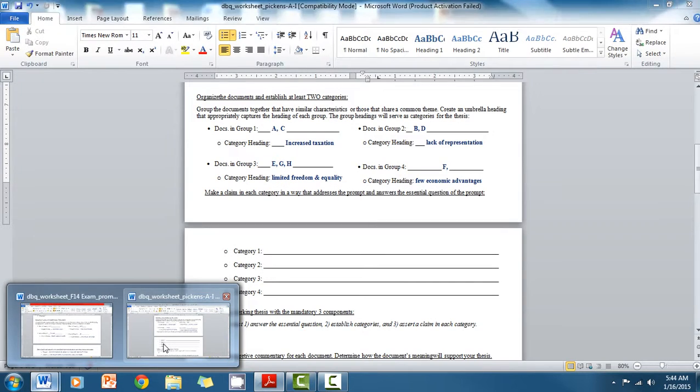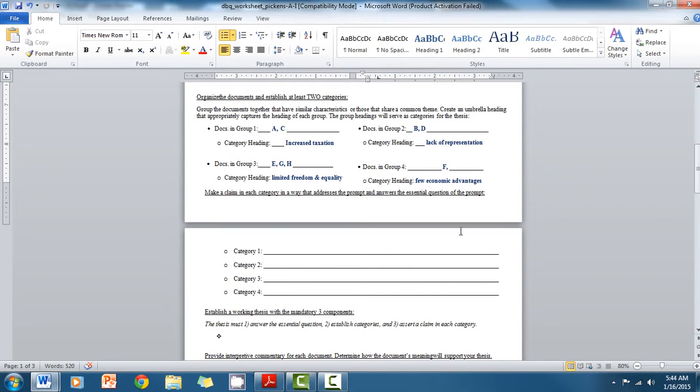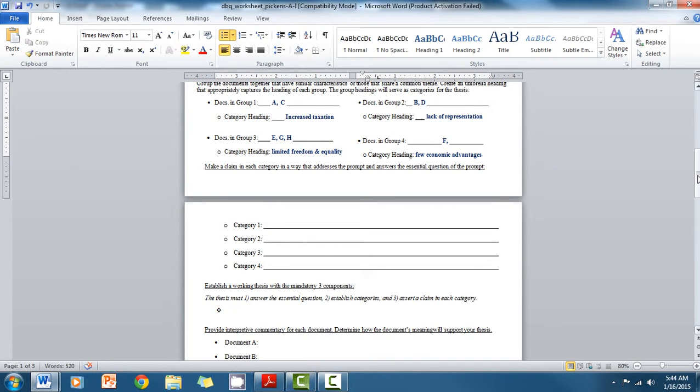And so this is kind of the hard part, after you organize all the documents that have some type of relational theme, and then you label that theme, you pretty much answered the question in each group.